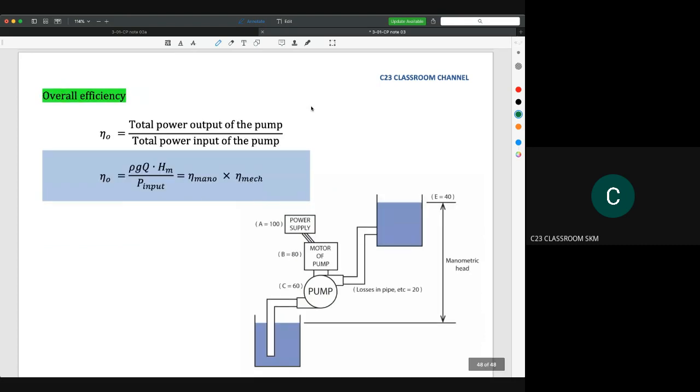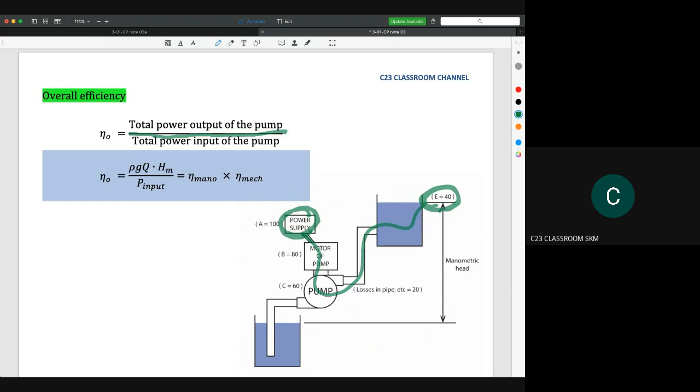Okay, so we go for the overall efficiency. The overall efficiency is defined as the total power output of the pump divided by the total power input of the pump. That means we need to calculate from the power supply until the output here.